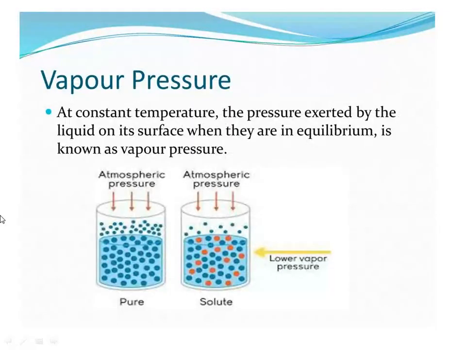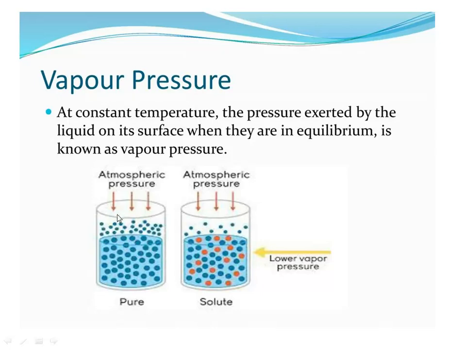So I explain with respect to one of the concepts here. You can see here, this is your pure water, say for example. Above the surface, whatever pressure is exhibited is said to be vapor pressure. I think you have understood. So say for example this is water, and there is a surface of the water here. Above the surface of water there is a pressure, right? So that pressure we say is vapor pressure, right?